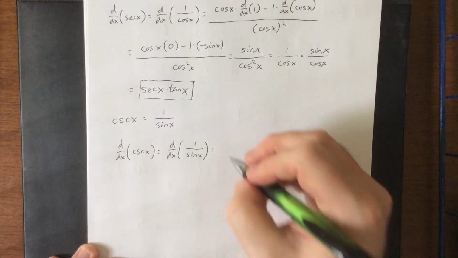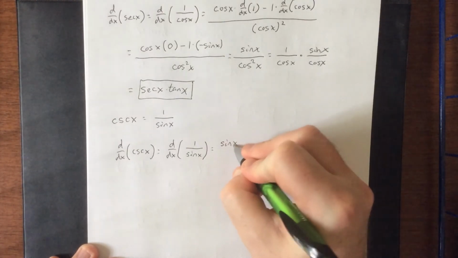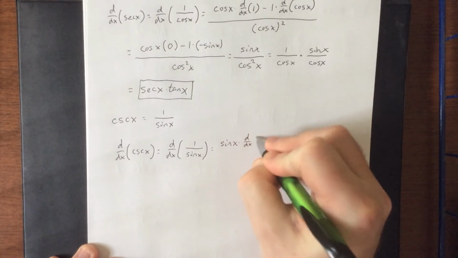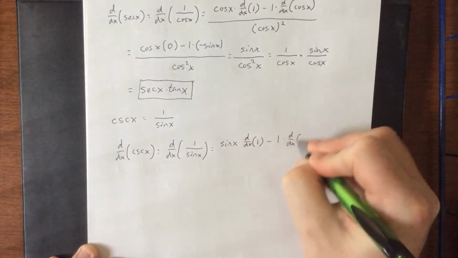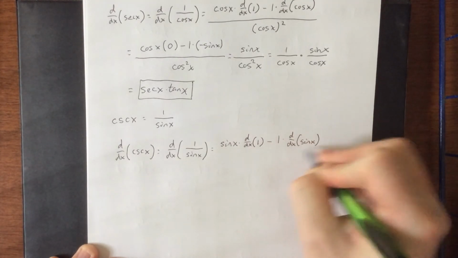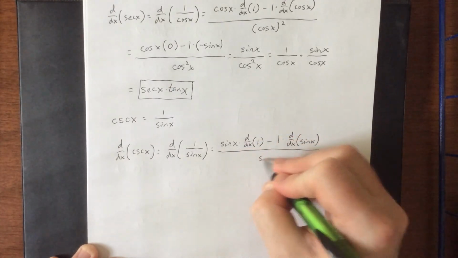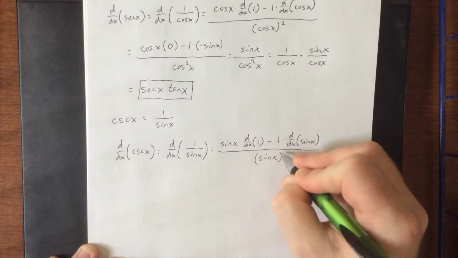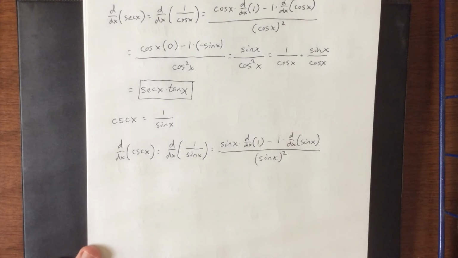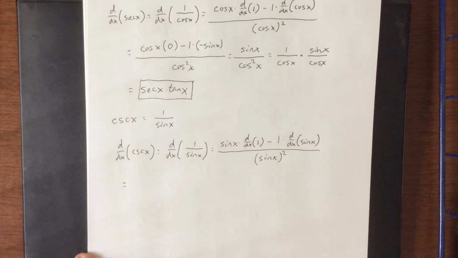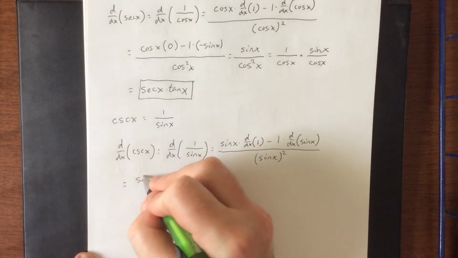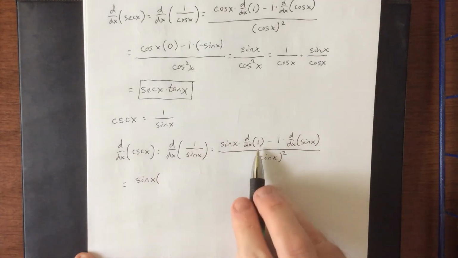According to the quotient rule, that's going to be low d high less high d low over the square of what's below. The quotient rule doesn't finish the derivative for us, but it does give us more basic forms for us to differentiate. So we will have the sine of x times derivative of 1.